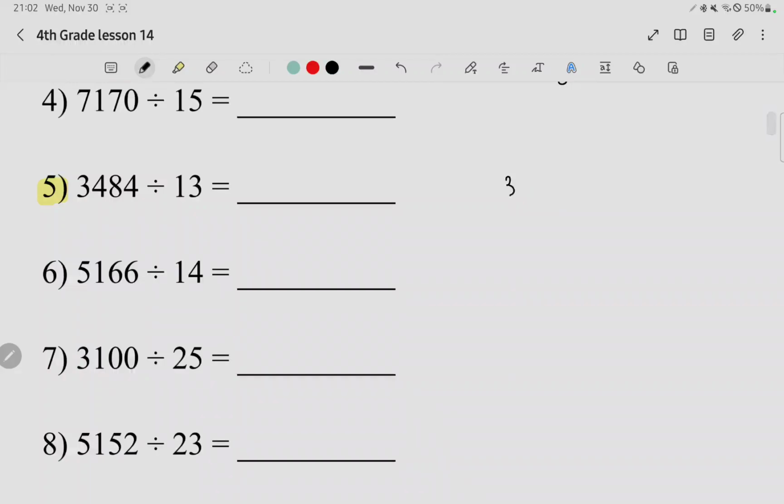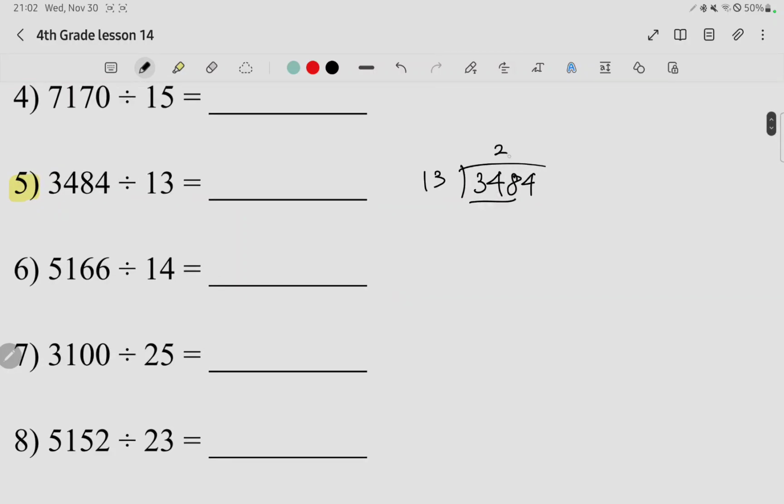Number 4. 3484 divided by 13. 13 can go into 34 two times, so this will become 26. You subtract, then this will become 88. 13 can go into 88 6 times, so this will become 78.